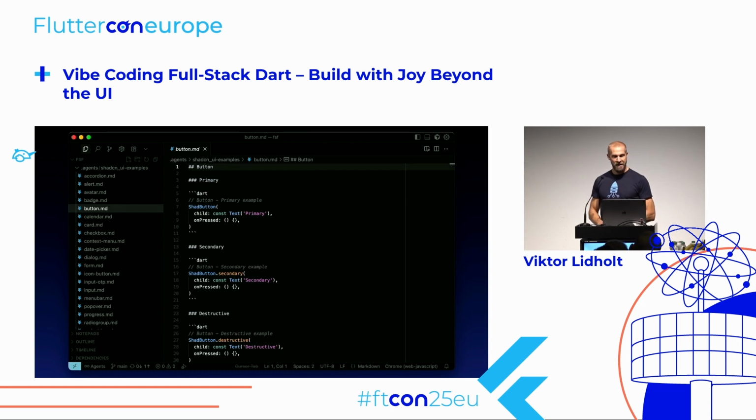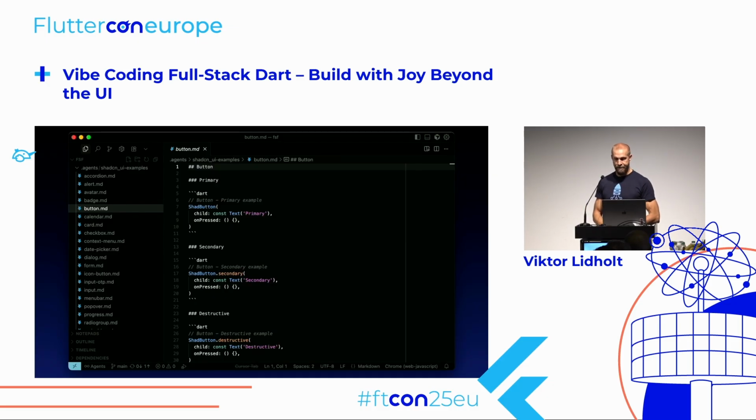So it has an example for a primary button, a secondary button, a destructive button, and this is true for all the different components, a short little example. And the LLMs typically love seeing examples of code, much more than just having instructions for doing things. It's much happier and does a much better job if you give it examples, it seems.